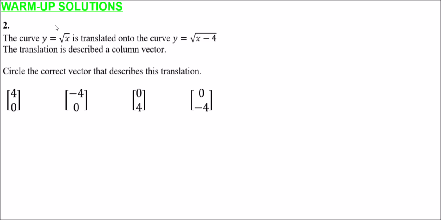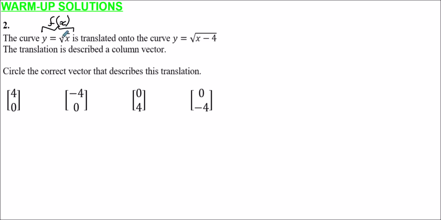Question 2, you have a curve y equals root x is translated onto the curve y equals the square root of x minus 4. And this translation is described by a column vector, so we just need to circle the correct vector that describes this translation. And so if we think about this in terms of transformations of functions, we can let this be f of x. So y equals f of x.